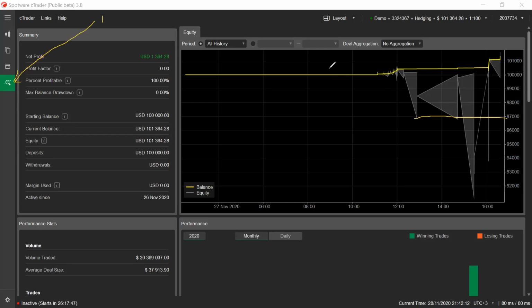But this last one here was pretty bad. It's almost 10,000. I went as low as 92,000. Can you imagine? That is what kicks us out of the competition.